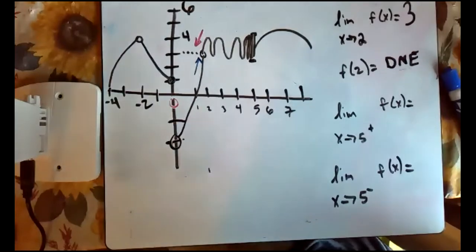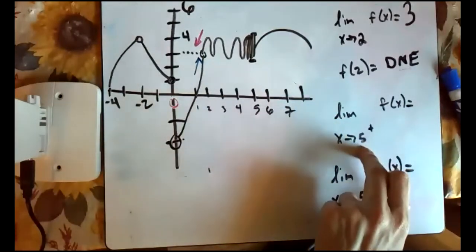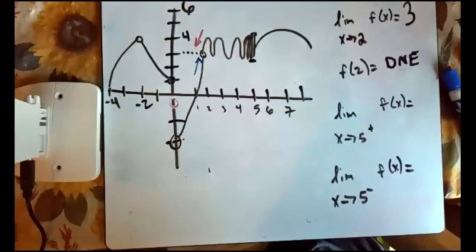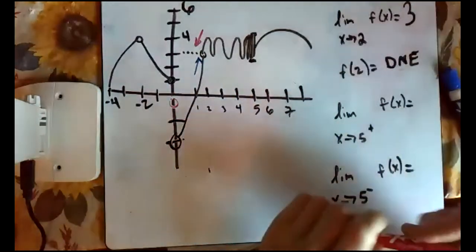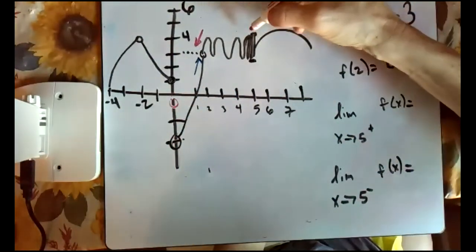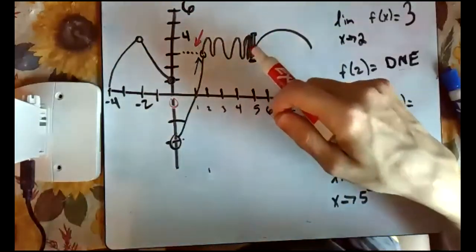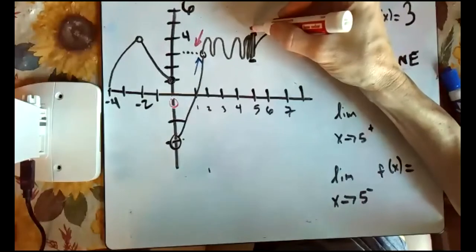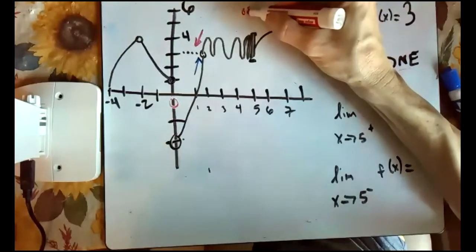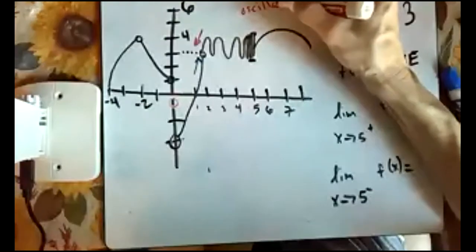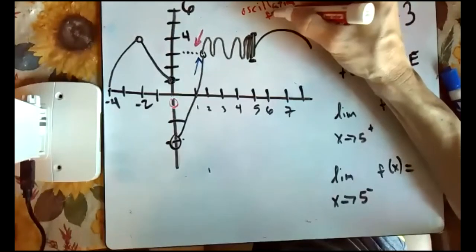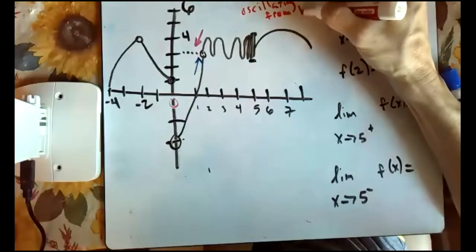All right, the limit as x approaches 5 from the right. Now, I did mention, remember when we had this oscillating stuff, that means it's bouncing between two values. But this is kind of tricky right here because this is oscillating from the left only.